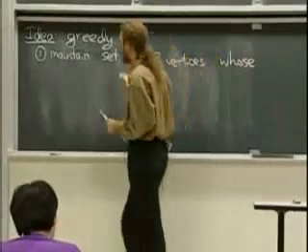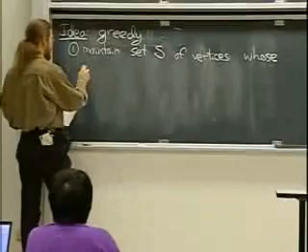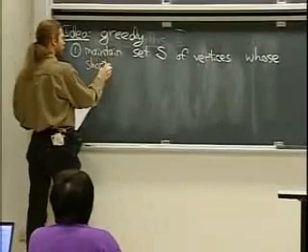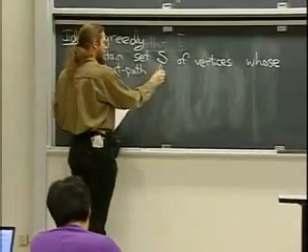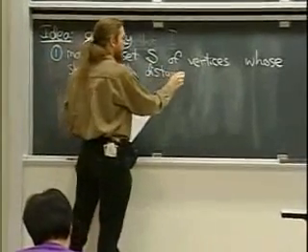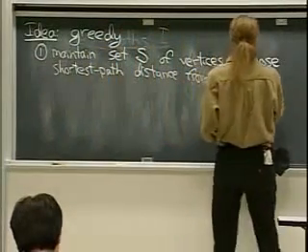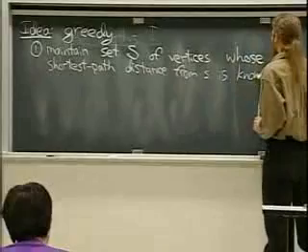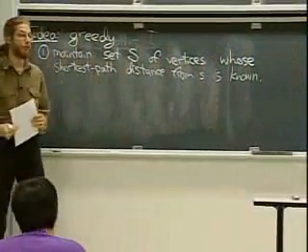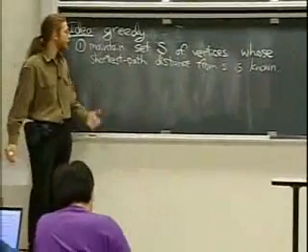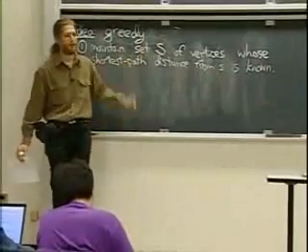And in particular, I want to maintain the set of vertices where those estimates are actually the right answer. This is little s, this is big S. So the big S will be the set of all the vertices where I know the answer. What is the shortest path distance from little s to that vertex in big S?